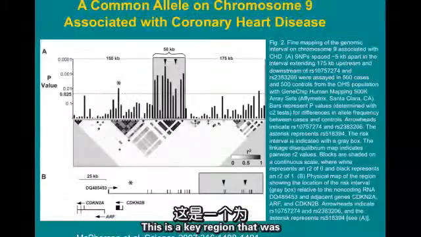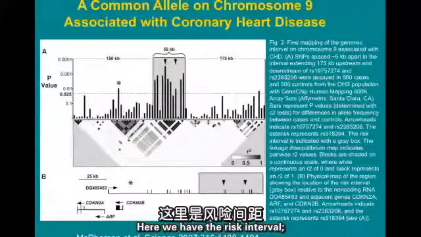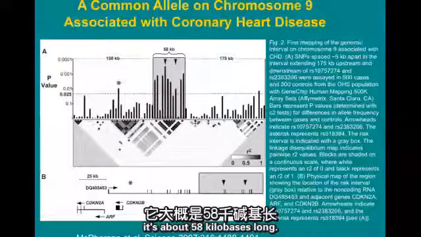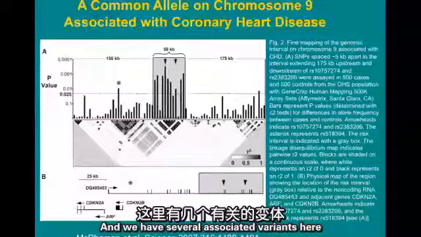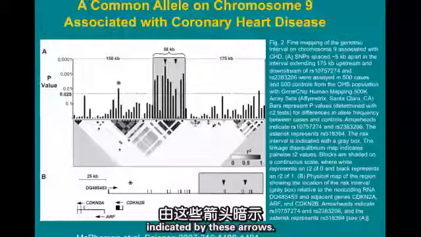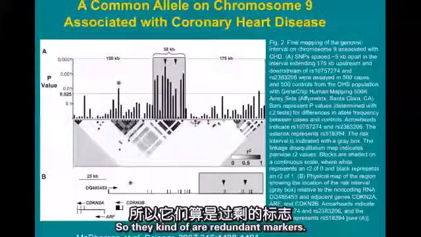And this is a key region that was identified for coronary heart disease. Here we have the risk interval. It's about 58 kilobases long, and we have several associated variants indicated by these arrows, and they are in tight linkage disequilibrium, so they are redundant markers.